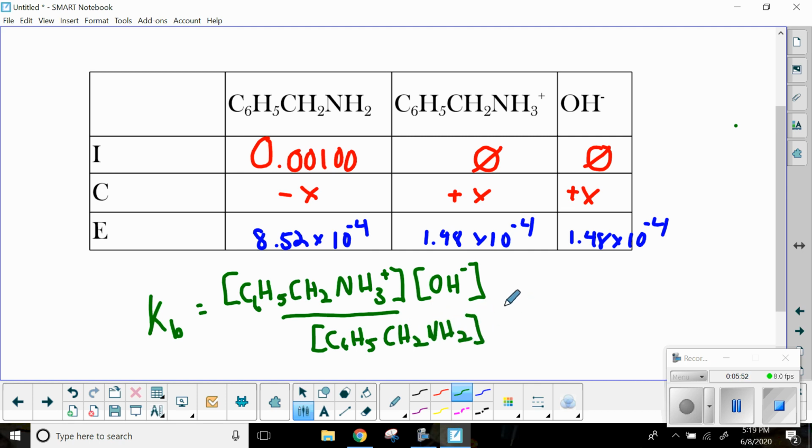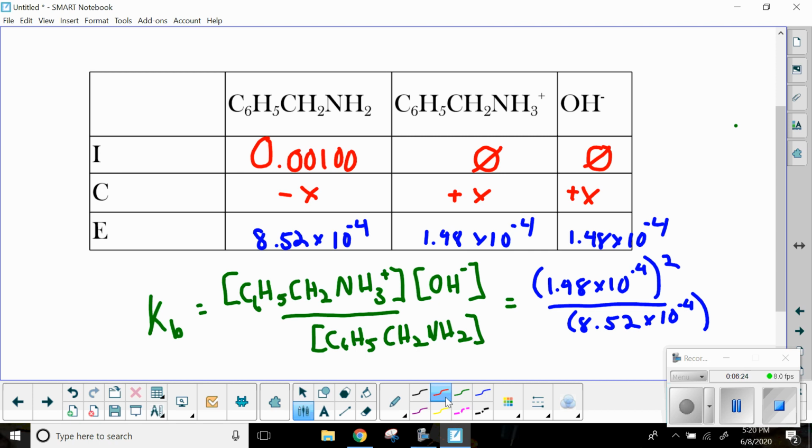You might see a pattern going on here with dissociation, that you will always have the same molar ratio of 1:1 in your products. So you're going to see here that this is going to be 1.48 times 10 to the negative fourth squared, all over my 8.52 times 10 to the negative fourth.